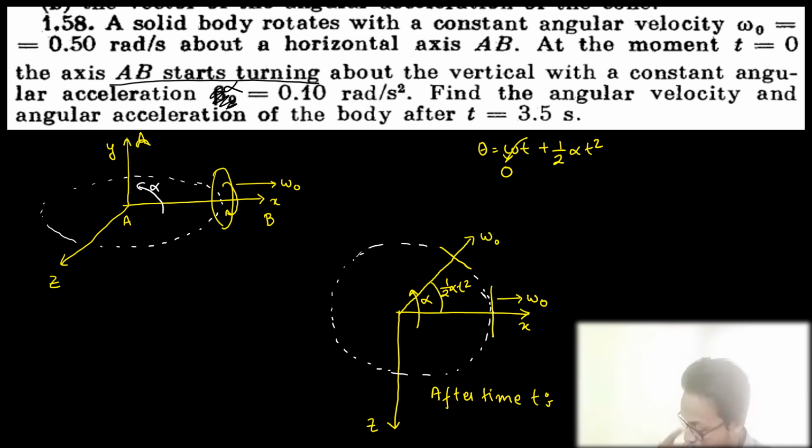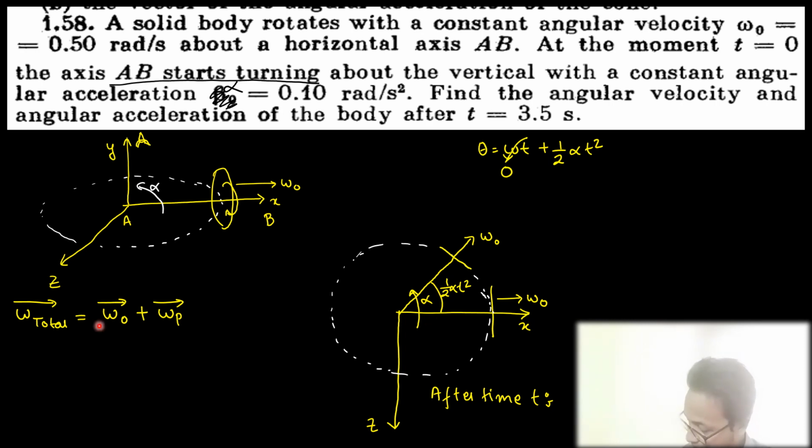So find the angular velocity and angular acceleration. What is the angular velocity? The total angular velocity is nothing but the omega naught vector plus this vector, that is, the angular velocity of the wheel plus the precession velocity of the wheel, or the velocity of the axis.